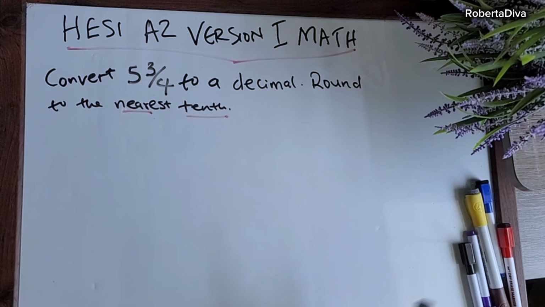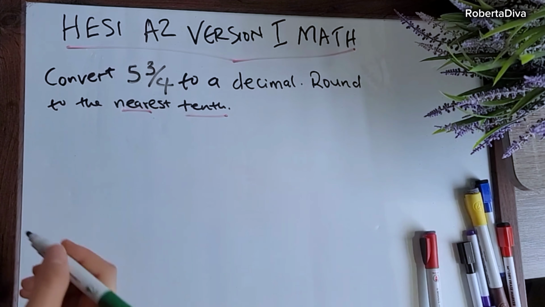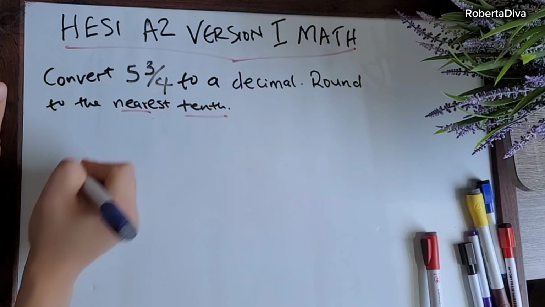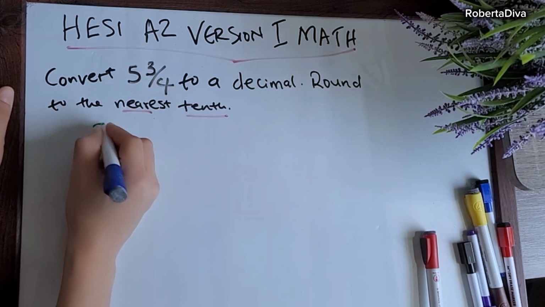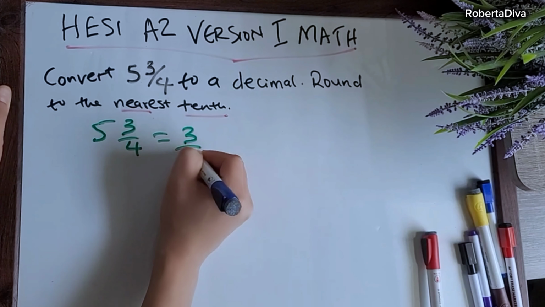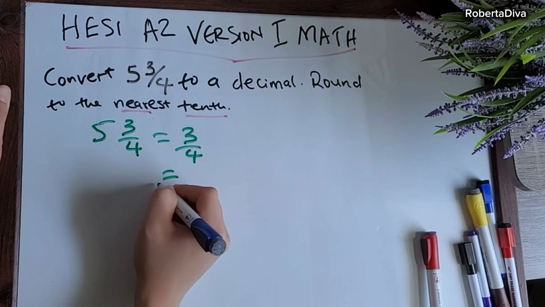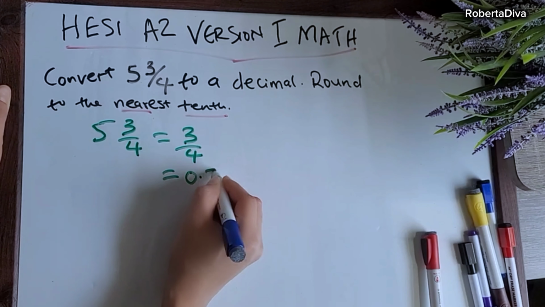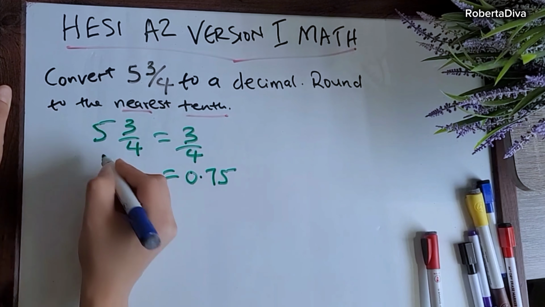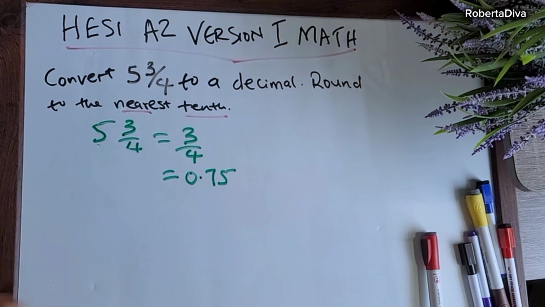Now let's set up the question. Look at the fraction first. 3/4 is going to give you 0.75. Then bring down the 5. It's going to give you 5.75.